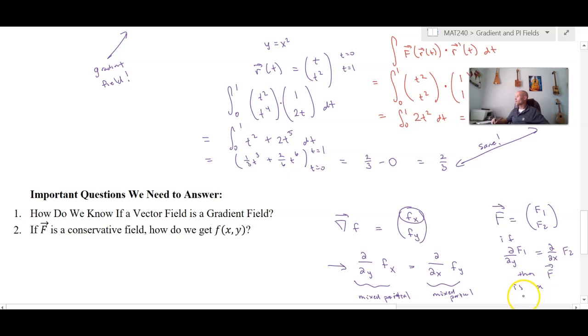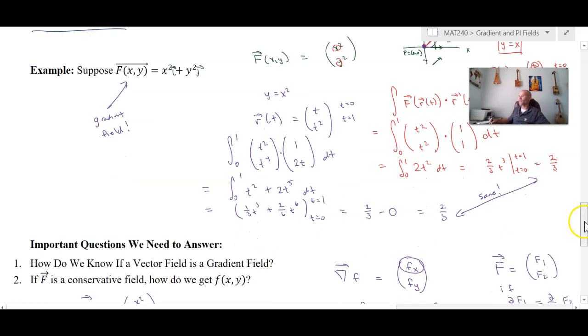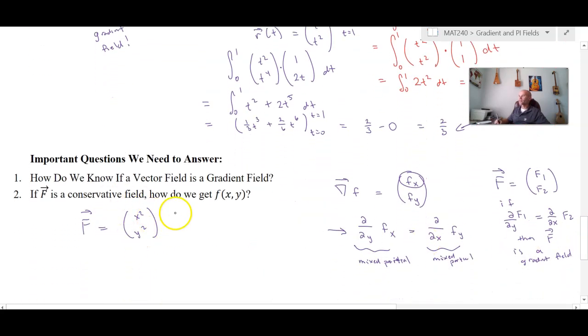So coming back up here to where we suspected that this guy, x squared y squared, remember back up here that in our example, if in fact this is a gradient field, then what I should be able to do is to take this guy, which I'm calling f1, and this guy, which I'm calling f2.